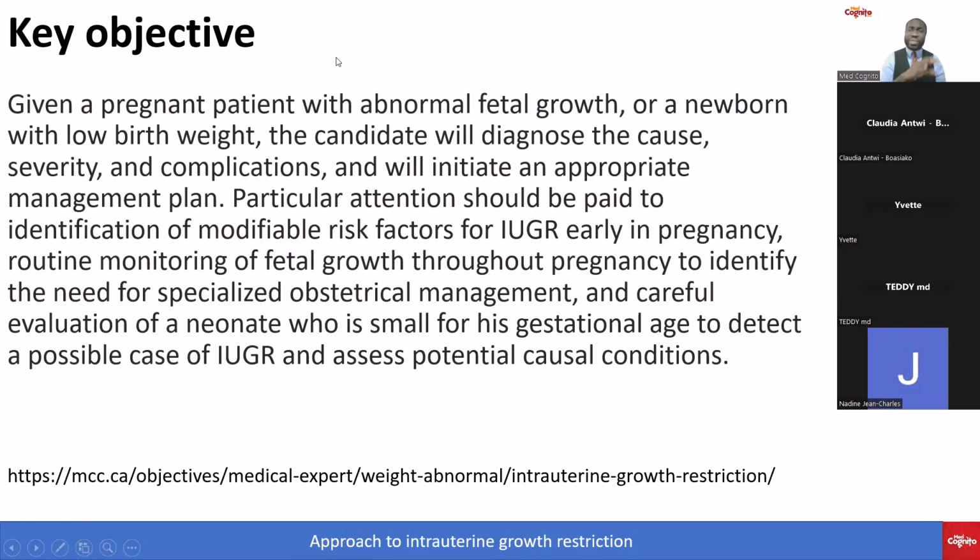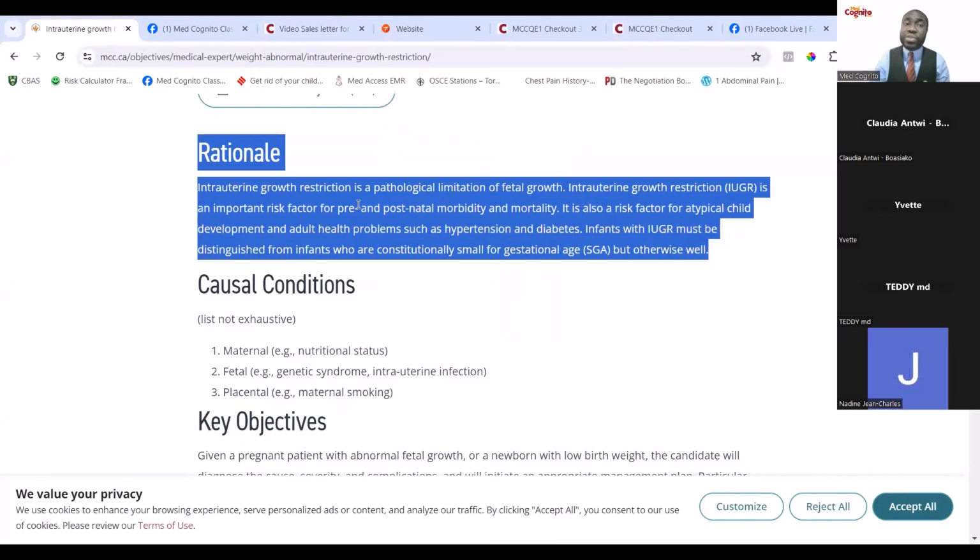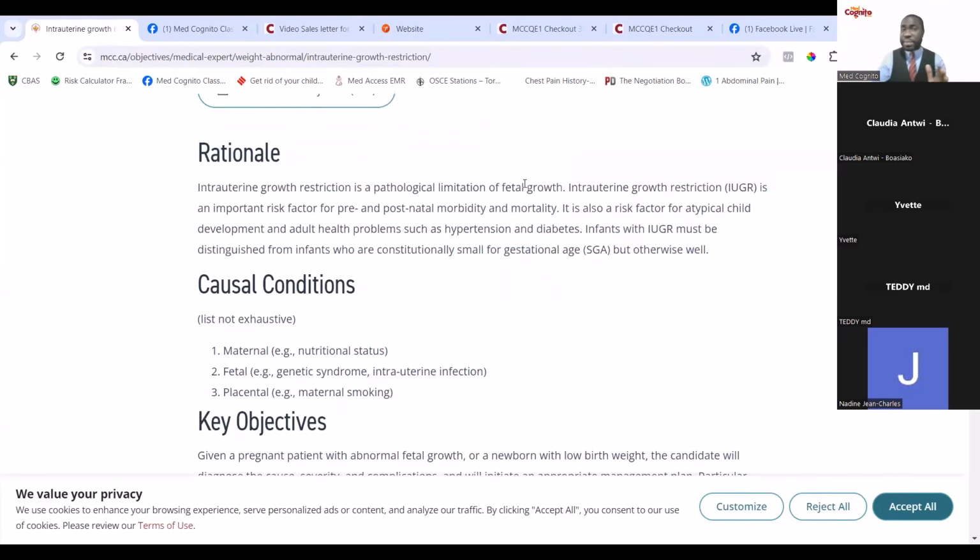So you realize that when you get into every objective, I'm going to show you again, there is the key objective, and then there is the rationale and the enabling objectives. And I'm going to show you why I let my lectures go that way. They will state the rationale: intrauterine growth restriction is a pathological limitation of fetal growth, and an important risk factor.